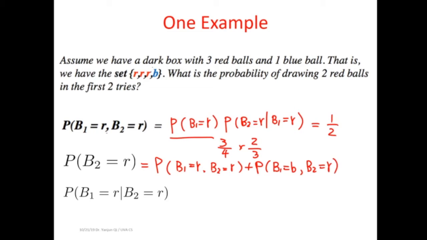And you can use what we have from the first, and then do the calculation of this, and you can do the calculation of B2 equals R. So this is what I meant by using the total law of probability to estimate the marginal probability, when the marginal cannot be easily estimated directly from the data.